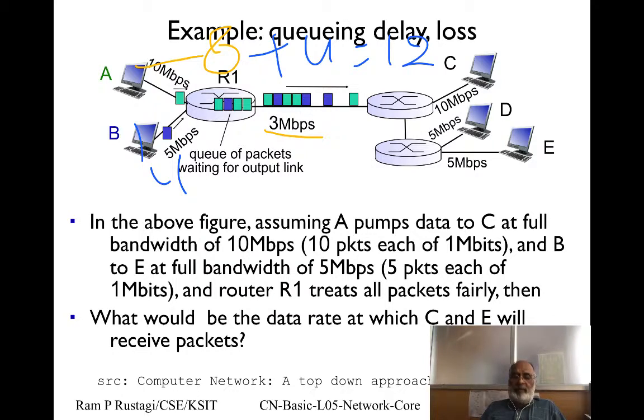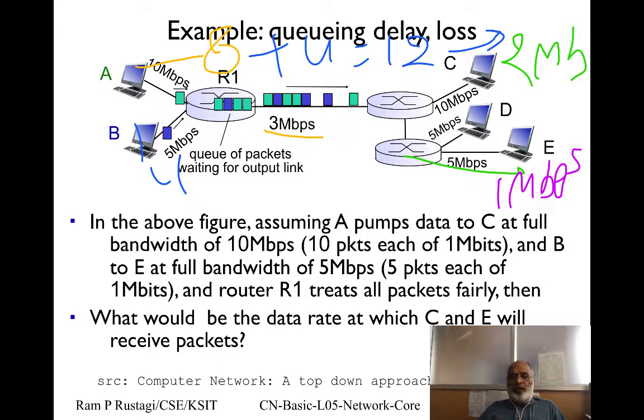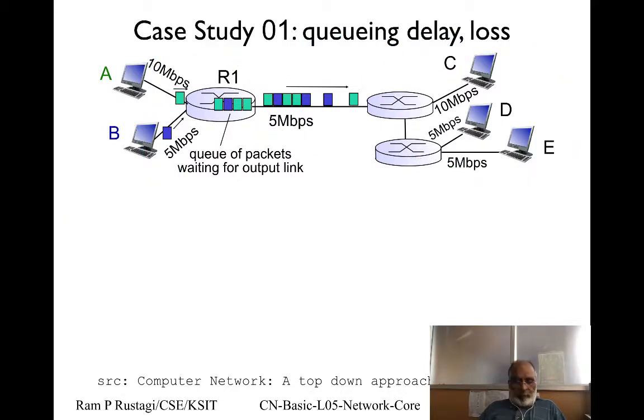So the rate at C would be 2 Mbps and the rate at E would be 1 Mbps.